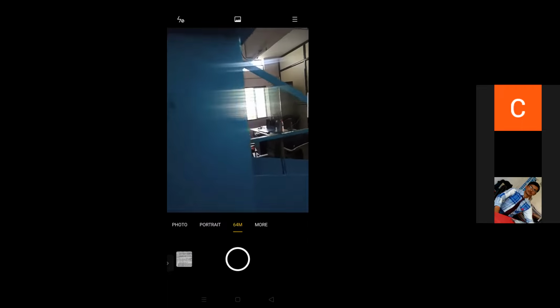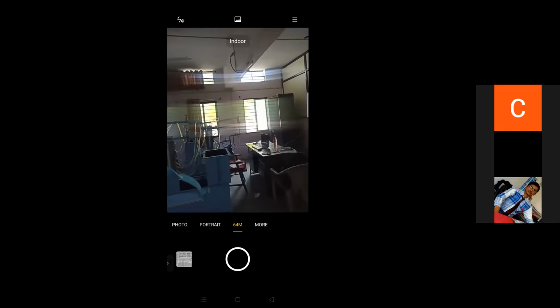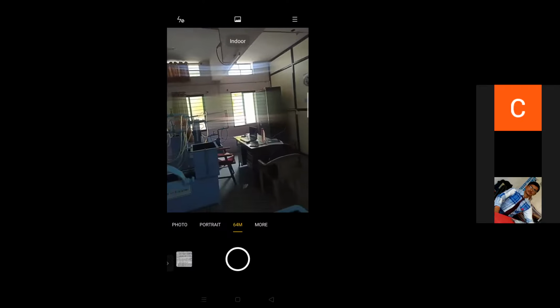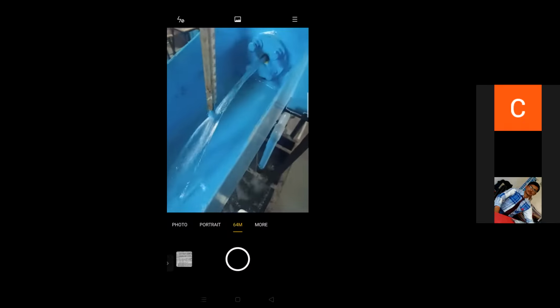Now you can note down the reading, capital H for the second reading. Capital H is equal to 160 mm. In meter, you can note it as 0.16. Okay, 0.16 meter.